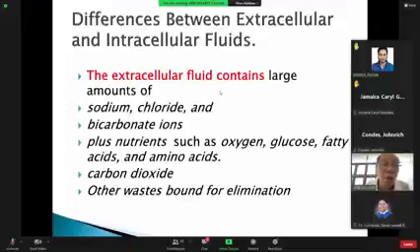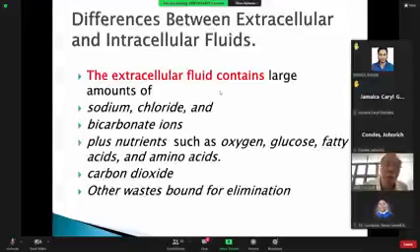That is the reason why it is less in comparison with the ECF. So I repeat, in terms of concentration of calcium ions, the ECF has more calcium ions than the ICF. However, there is more calcium inside the cell than outside the cell, but it is sequestered in the endoplasmic reticulum and sarcoplasmic reticulum.